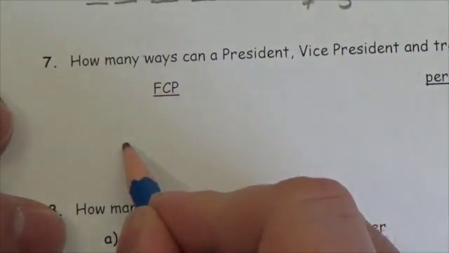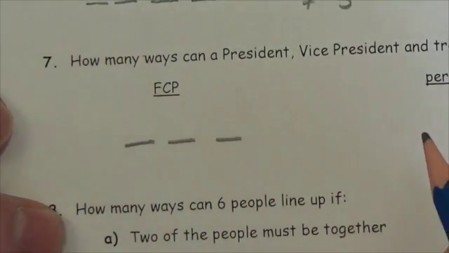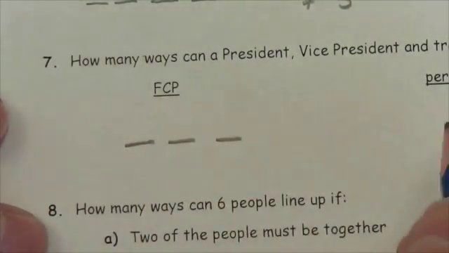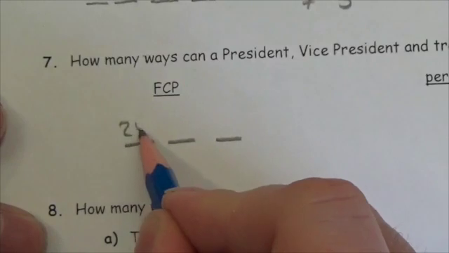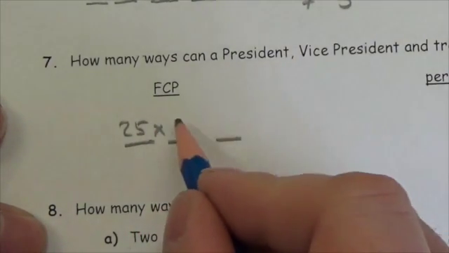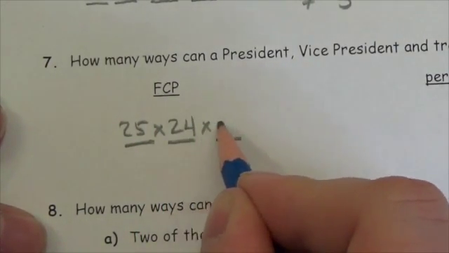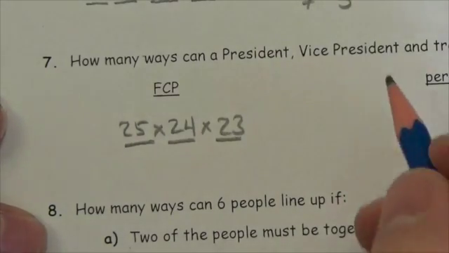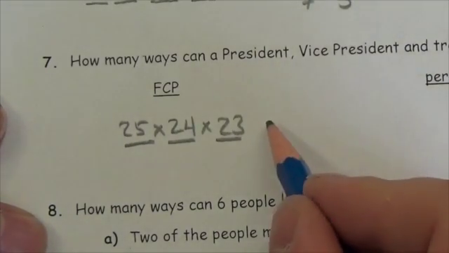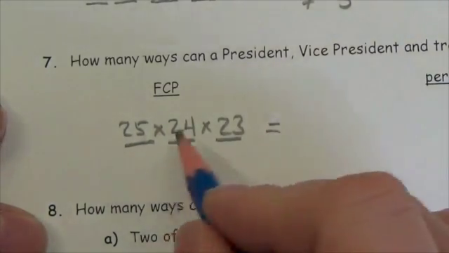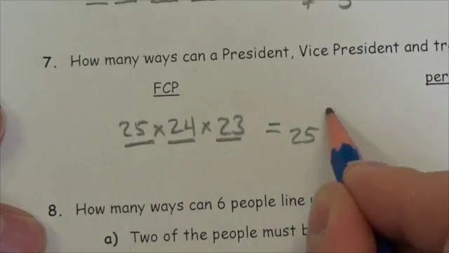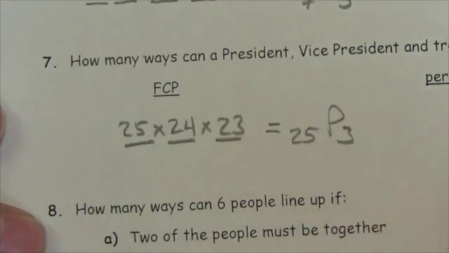Now, using the fundamental counting principle, I've got 3 subtasks to complete here. I have 25 people to choose from for my president, which leaves 24 for vice president, and that leaves 23 for my secretary or my treasurer. Now, that is going to be the same as, starting at 25, going down 3 factors. So 25 permute 3.